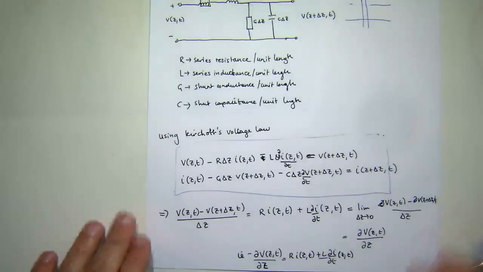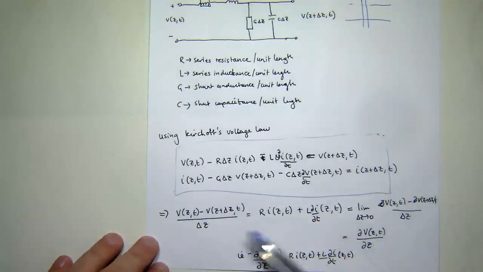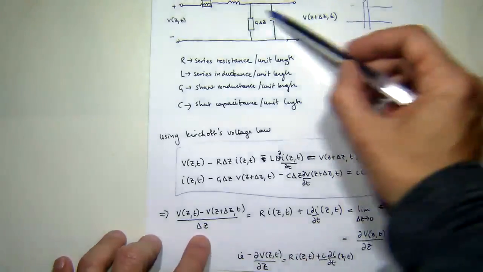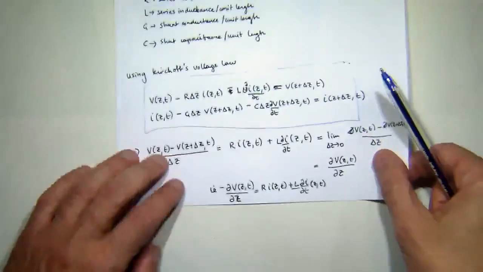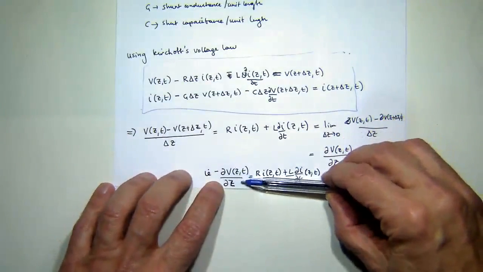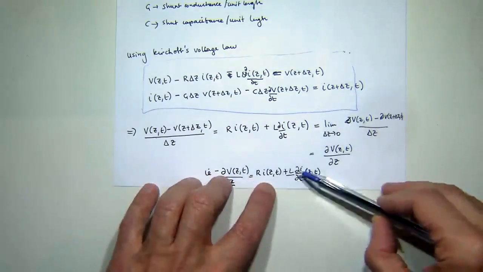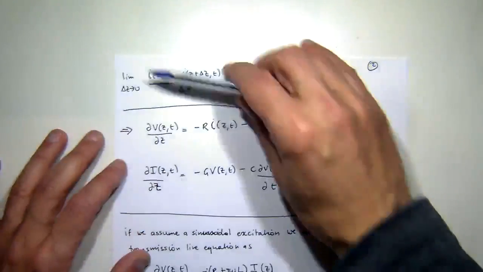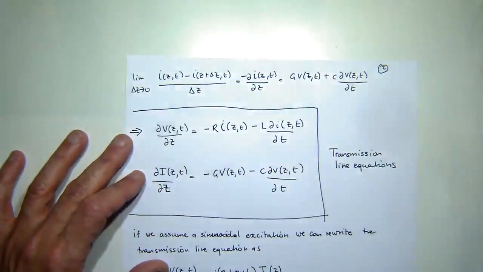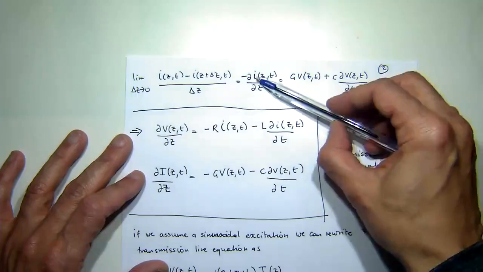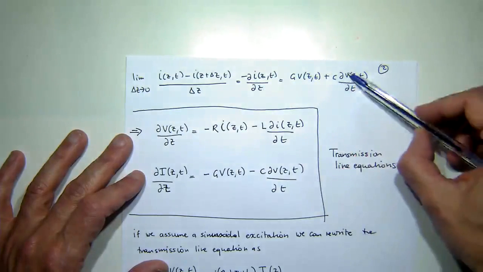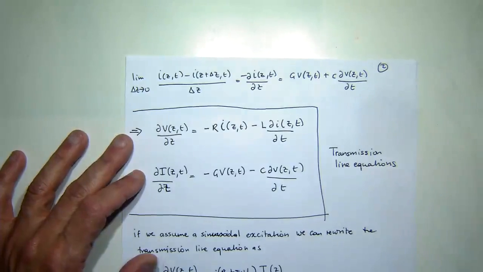Then I've looked at the difference in voltage as the length of this small piece of transmission line goes to zero, and what we've got is that the change in voltage with respect to distance is R times the current plus L di/dt. Likewise, the derivative of current with respect to distance is G times the voltage plus C dV/dt.